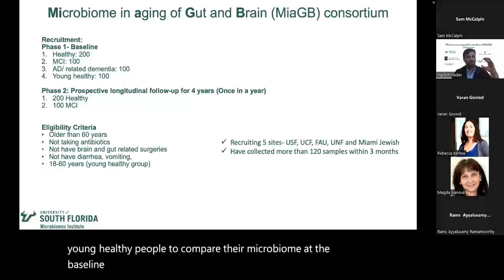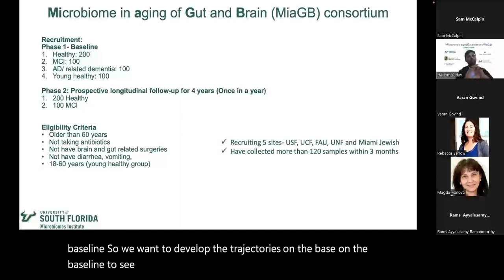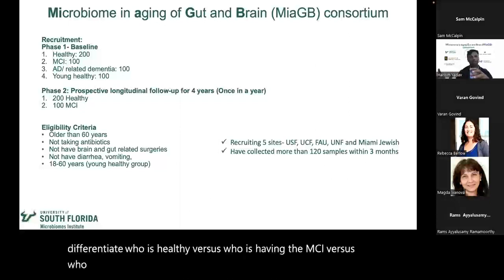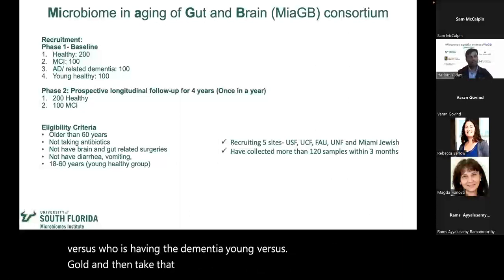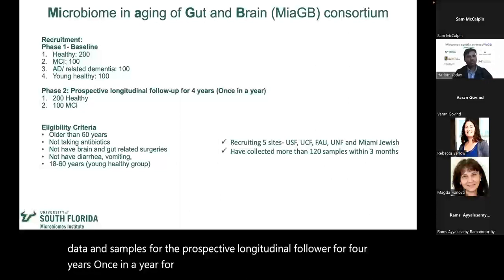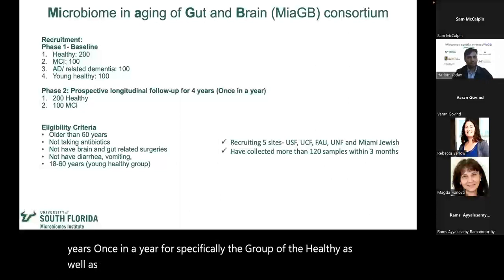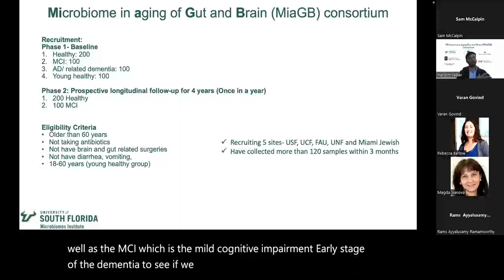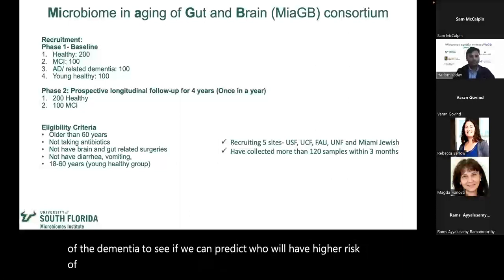So we want to develop trajectories at baseline to see whether we can differentiate who is healthy versus who has MCI versus who has dementia, young versus old. Then we are also collecting data and samples for prospective longitudinal follow-up for 4 years, once a year, specifically for the healthy group as well as the MCI group, which is mild cognitive impairment, the early stage of dementia, to see if we can predict who will have higher risk of developing MCI or dementia at a later stage, and whether we can intervene there.